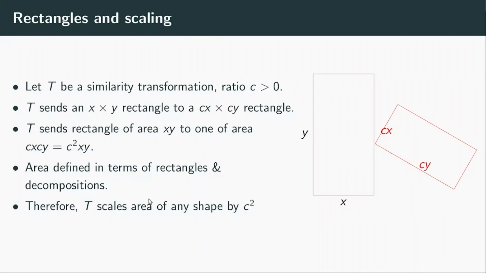Now I should point out, this is something that you know already from your real life. If I have 1 square yard, that's 9 square feet. It's not 3 square feet, it's 9 square feet. And volumes are going to scale like a cube of the scale factor.